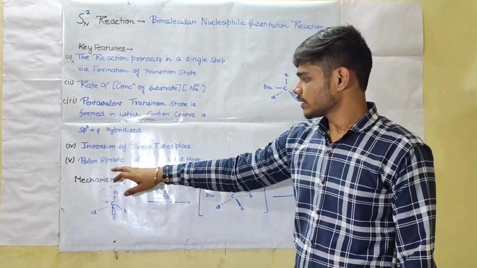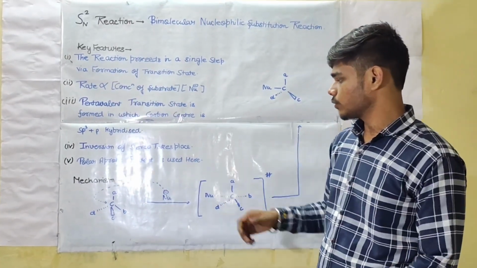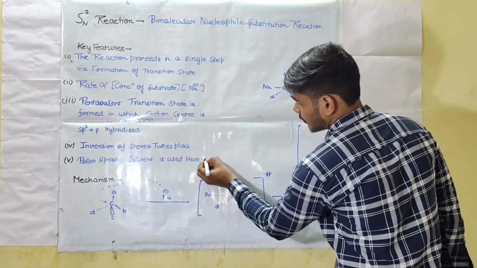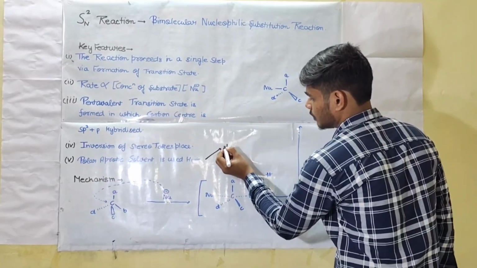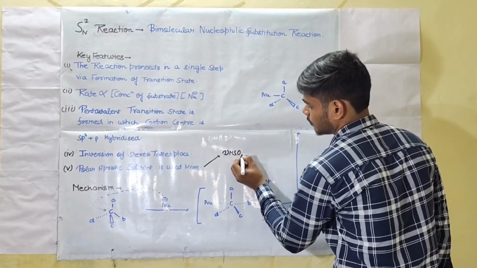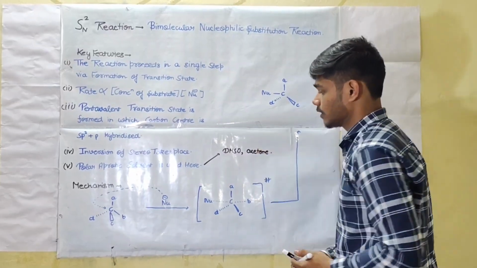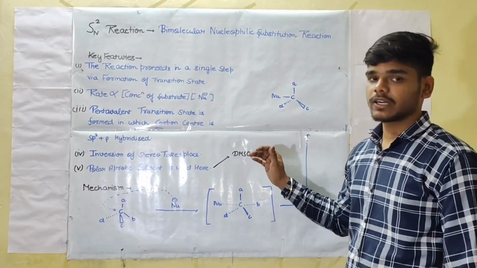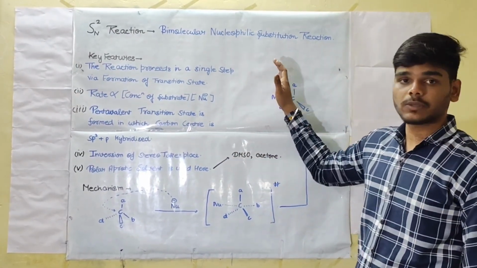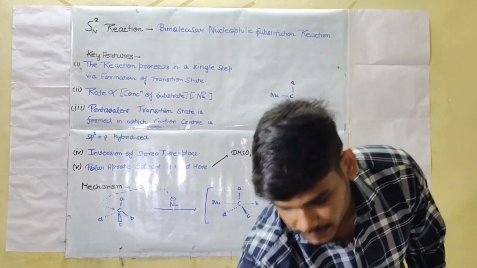In SN2 reaction, polar aprotic solvent is used. For example, DMSO, acetone. Now we are going to look at the energy profile diagram of SN2 reaction.